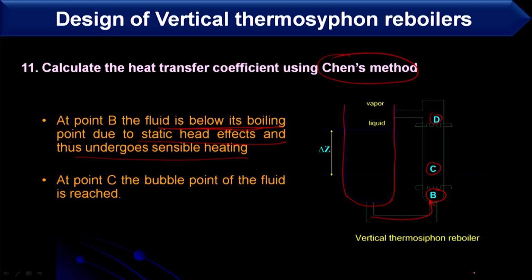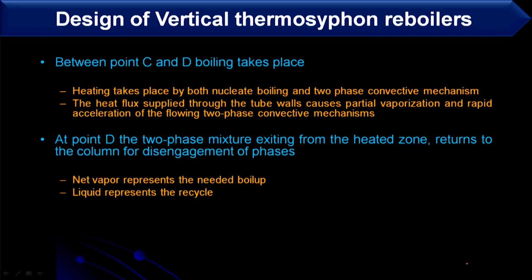So, further at point C, what will happen? The fluid will reach its boiling point, and after that vapor formation will start. Further, if I consider the flow pattern between C and D, here boiling will take place. So, heating takes place by both nucleate boiling and two-phase convective mechanism.